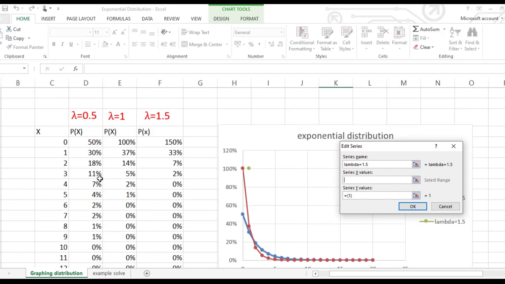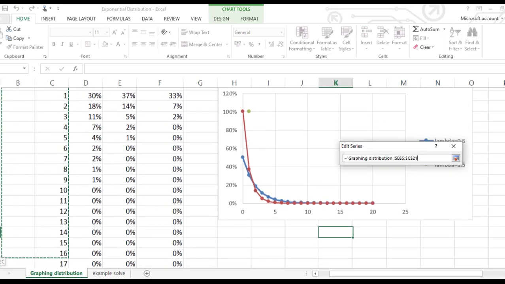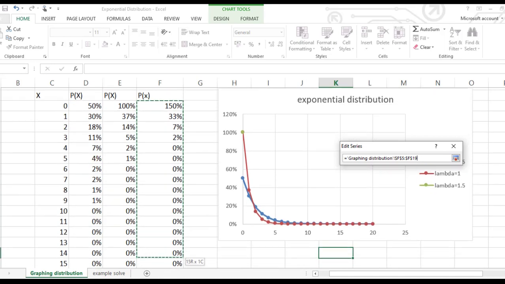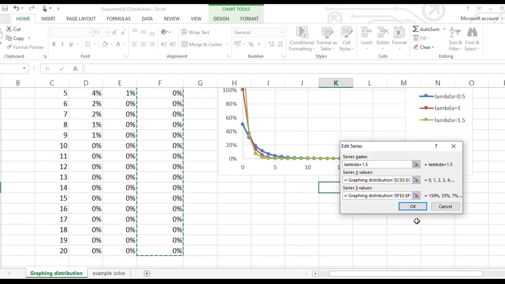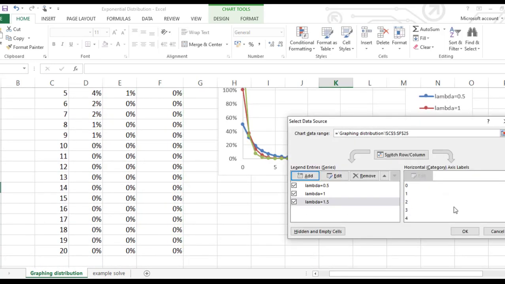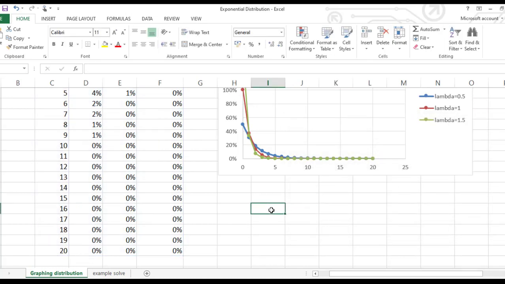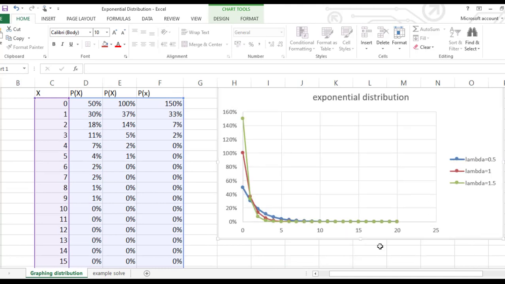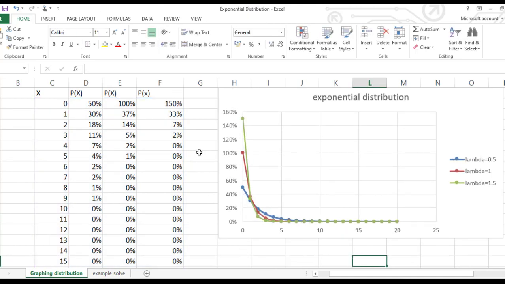Okay, so for the series X value I am again using the same column, and for the series Y value I am inserting the corresponding probabilities for different values of X. Okay, so here I can see three distribution curves for the different values of lambda. So you can see very easily.